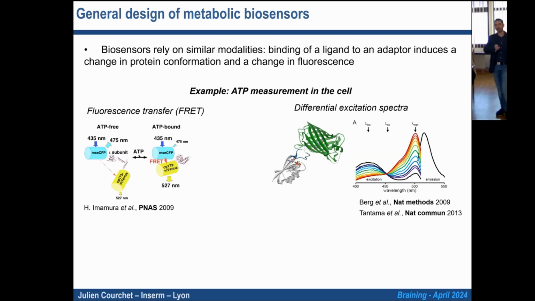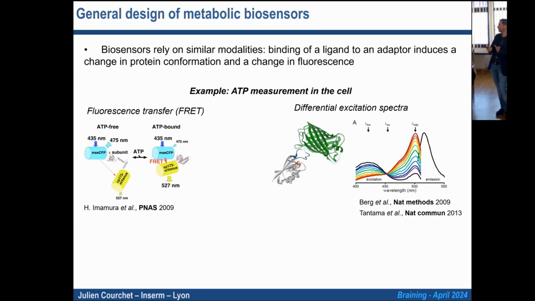But it will change how much it can be excited by different wavelengths. So you will actually have a microscope that will turn the light at 405 nanometer and 480 nanometer. You illuminate with two different wavelengths and measure the GFP emission, the green emission.